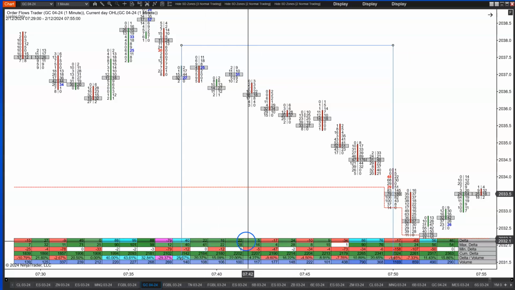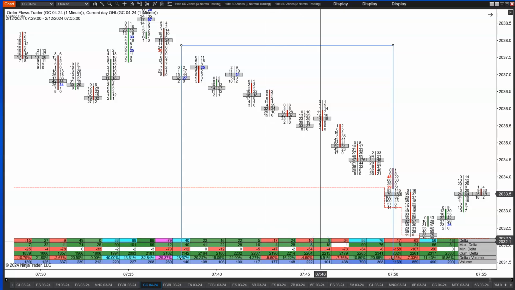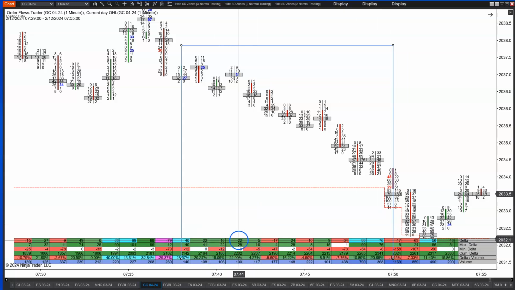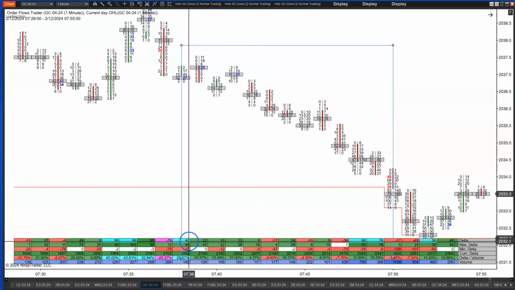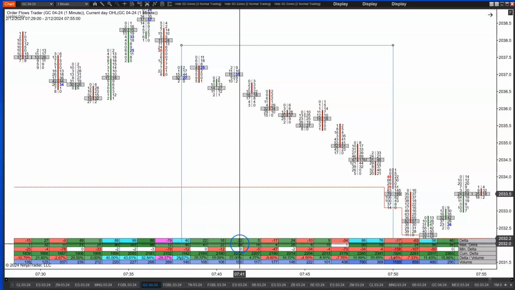This is 1, 2, 3, 4, then negative, then positive, then negative, then positive, positive, positive. So you've got 4 strung together in here. Even if you lose this 5 right in here, although it's a green bar, it's 4 plus 1 in here. As the market is moving down, that should get your attention. Hey, we're going lower on positive delta. Maybe there's some supply creeping into this market that I could take advantage of.